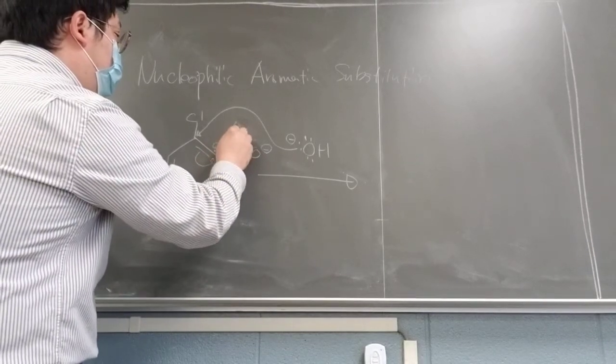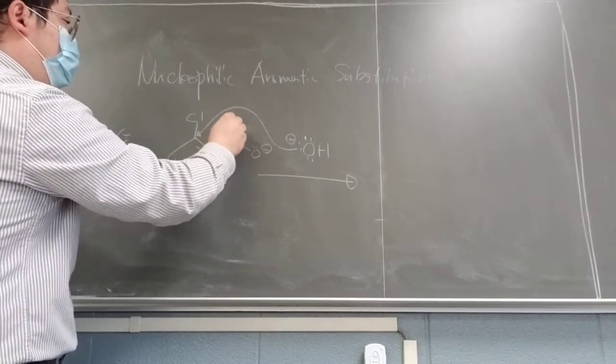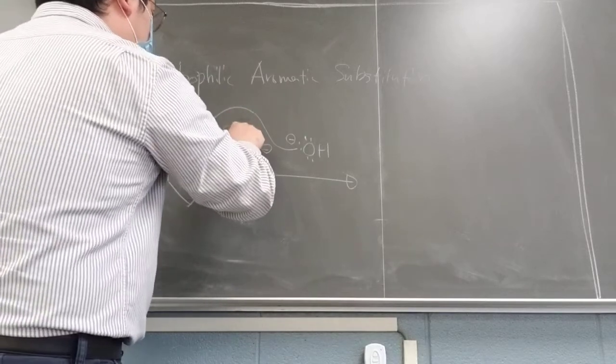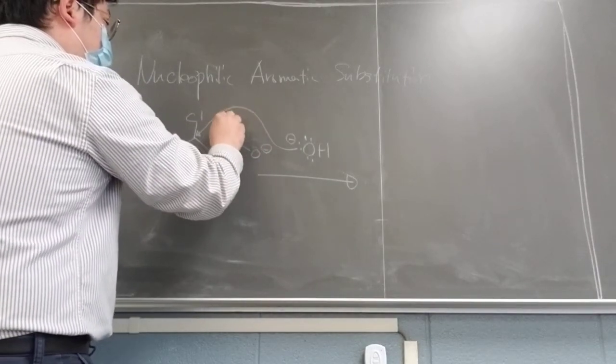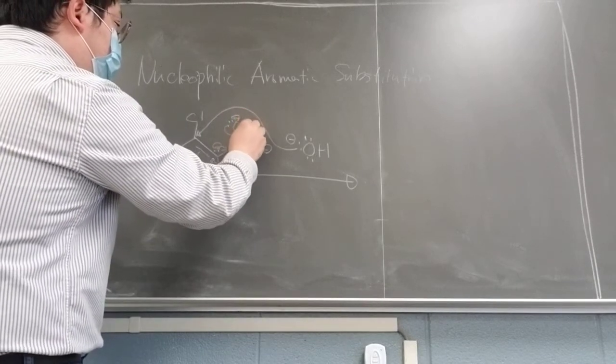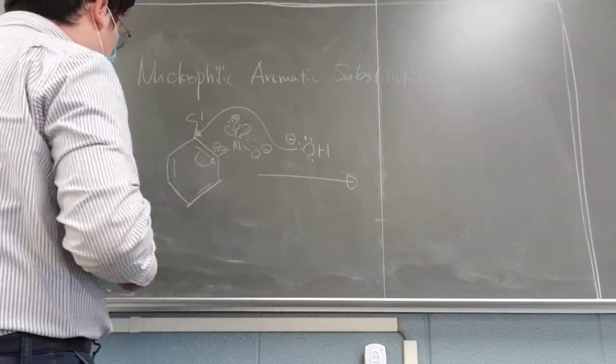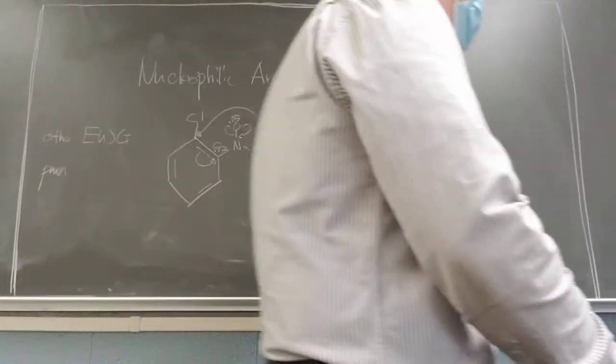So that makes the push one of the pair of electrons up here, so it becomes negative. And then it goes down again, and then the double bond was pushed. So yeah, this is the same problem.